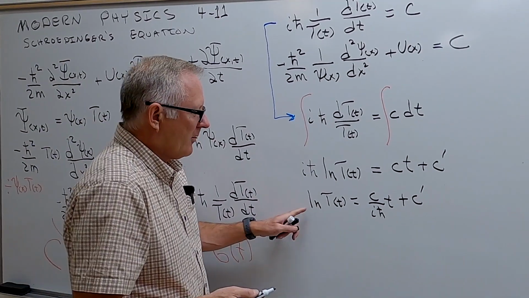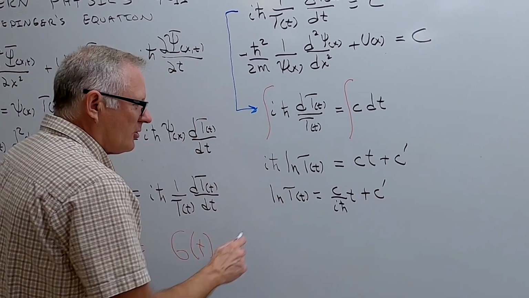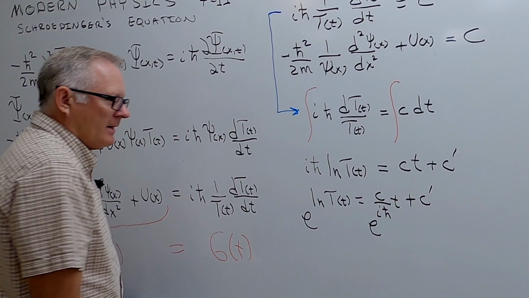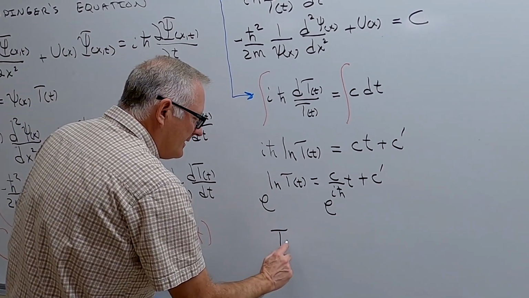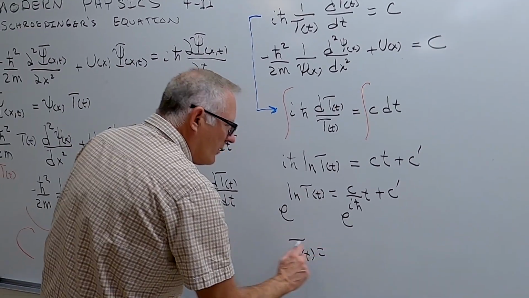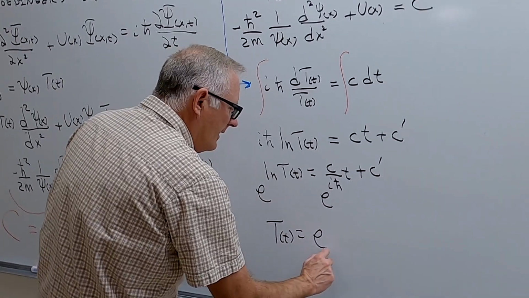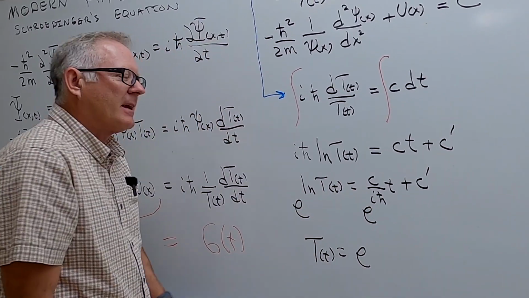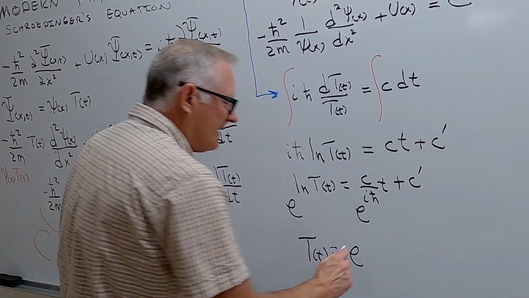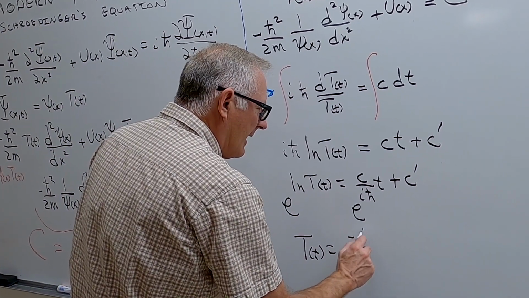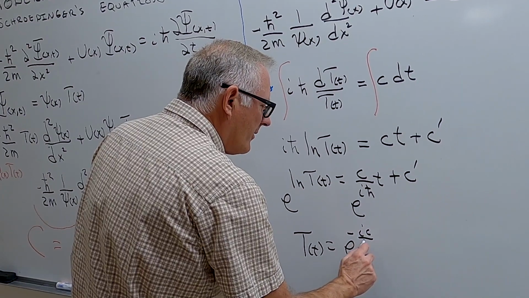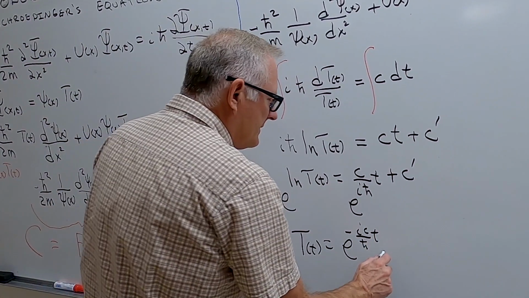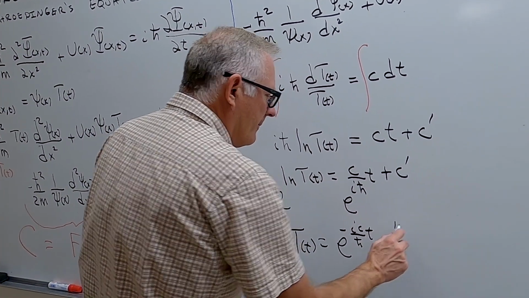Okay, and now I want to get rid of my natural log, so we'll put both to the e power. And so this is T of t equals e to the... Now if I take that i and bring it up to the top, it becomes minus i. Remember, 1 over i is minus i. So e to the minus i c over h bar t, times e to the c prime.